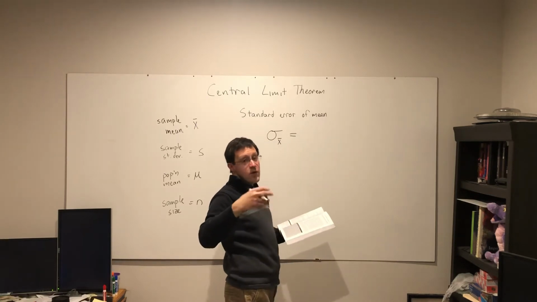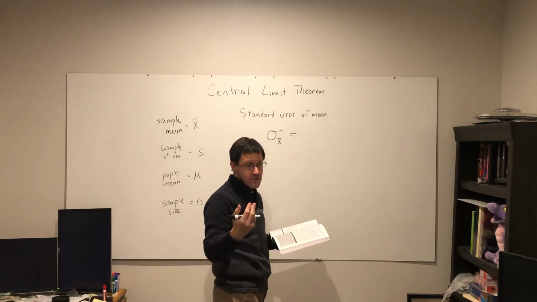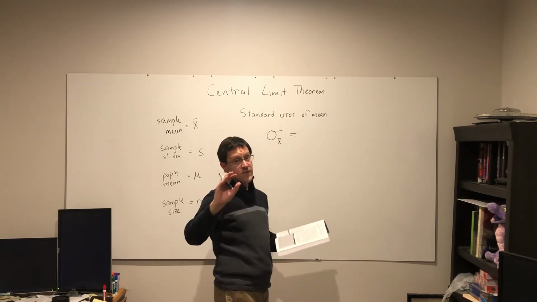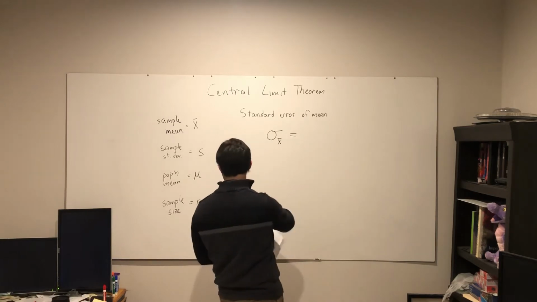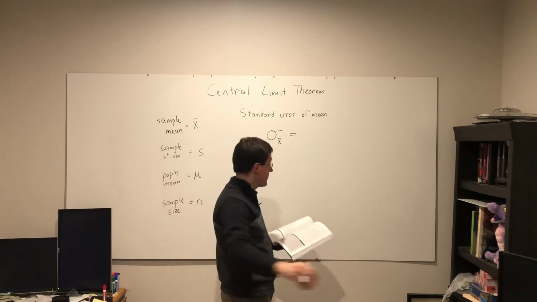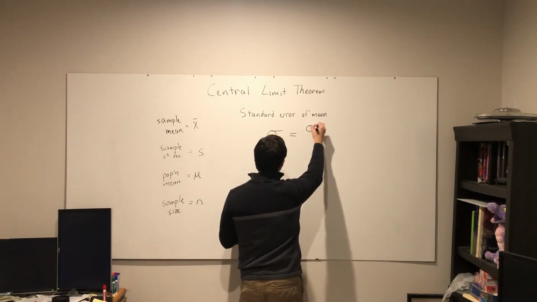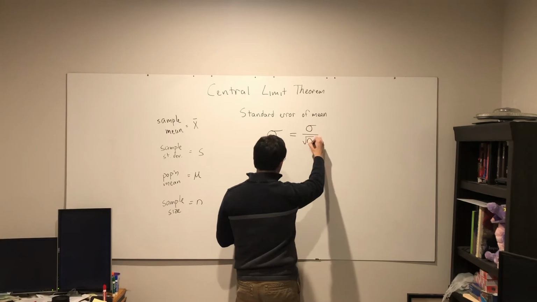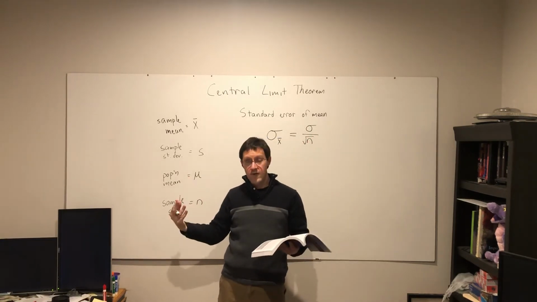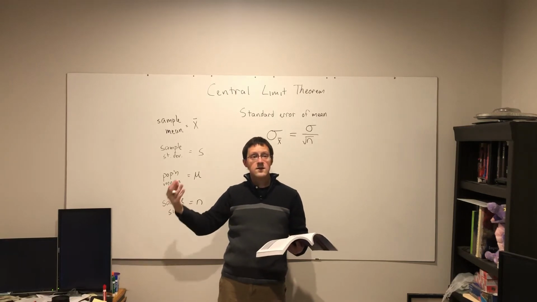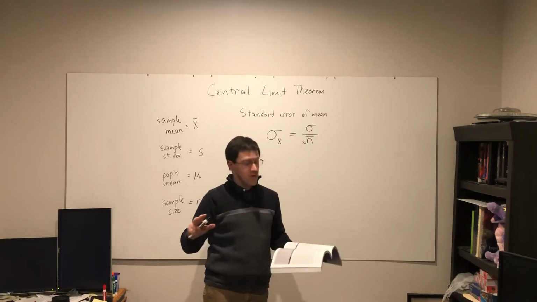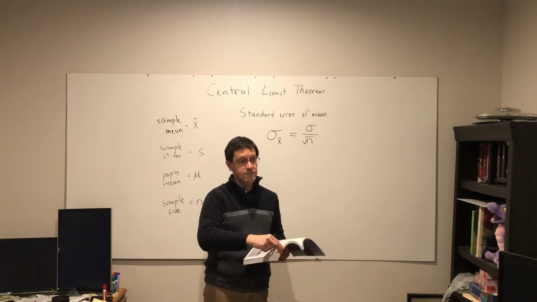Now, in the highly unlikely situation, if we knew the standard deviation of the population, if we don't know the mean, we probably don't know the standard deviation of the population, but we'll just go with it for now. If we knew it, it would be the population standard deviation divided by the square root of the sample size. In a theoretical world, that's what we would have.